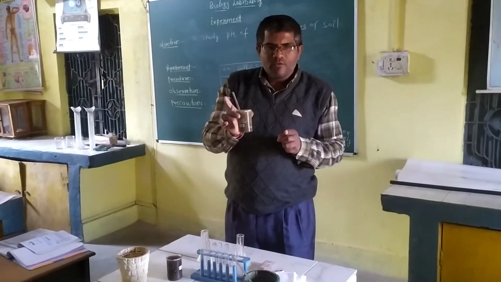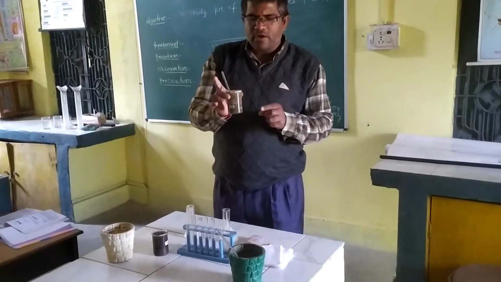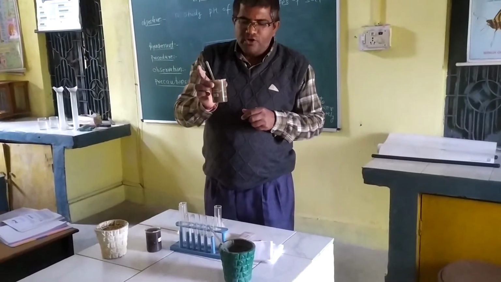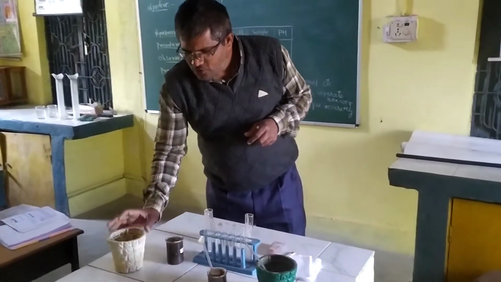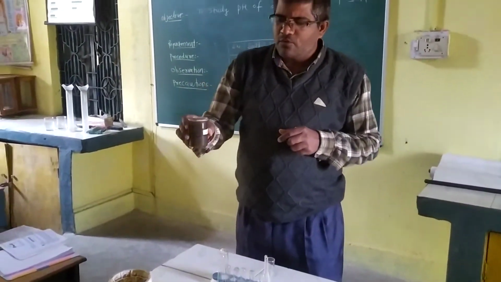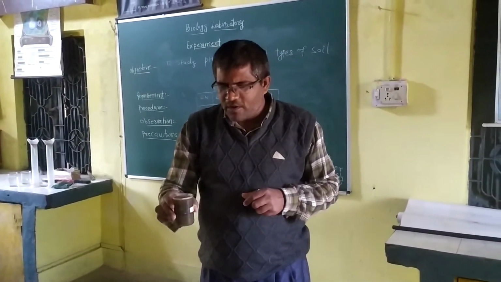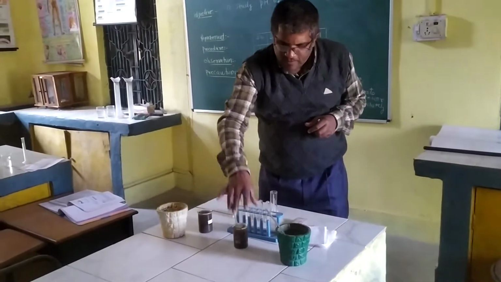One spoon of soil we have to take and dissolve in 100 ml of distilled water. Similarly, 1 spoon of road soil we have to dissolve in 100 ml of distilled water. Thus we have the soil with distilled water.